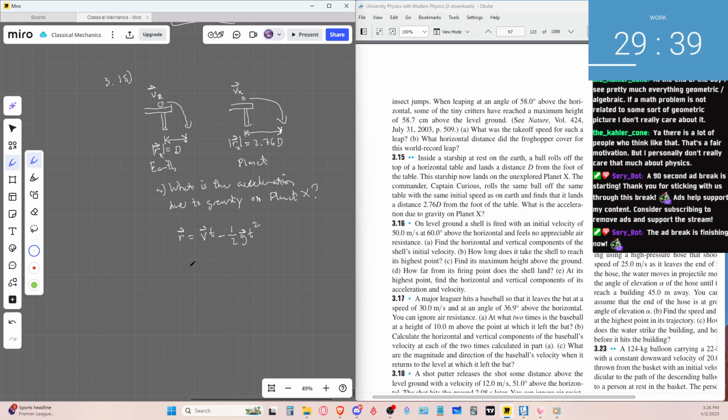Okay, so the velocity on Earth and planet X are the same, so probably should write that. Or at least the magnitude of their speed is the same.